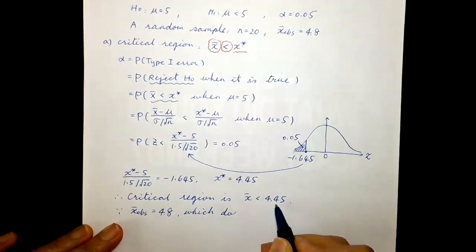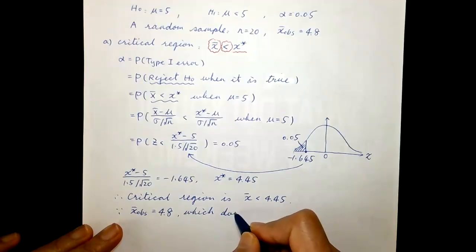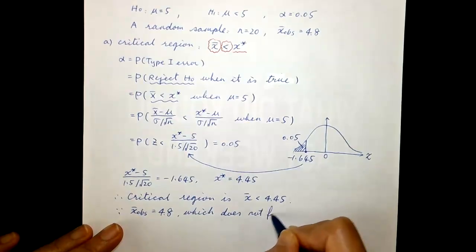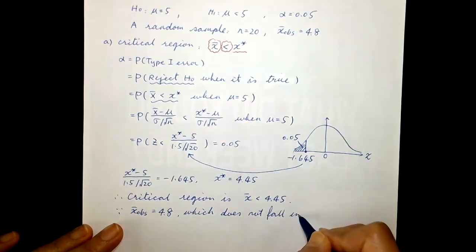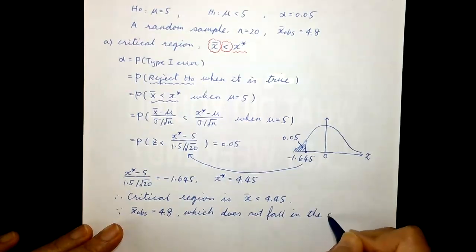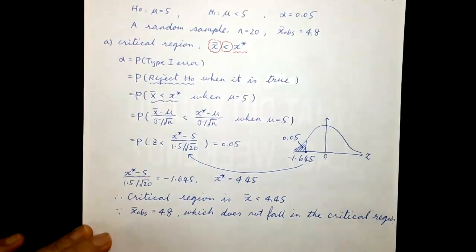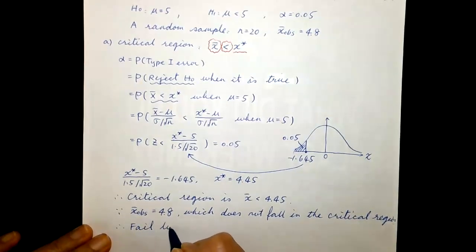So which does not fall. You can use it's greater than 4.45 or you can write a sentence which does not fall in the critical region. So we cannot reject H naught.